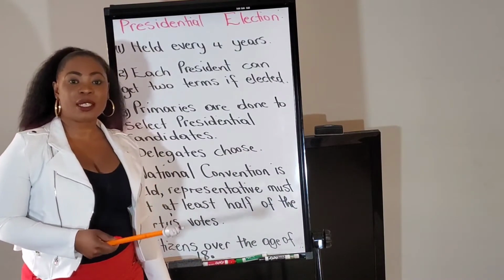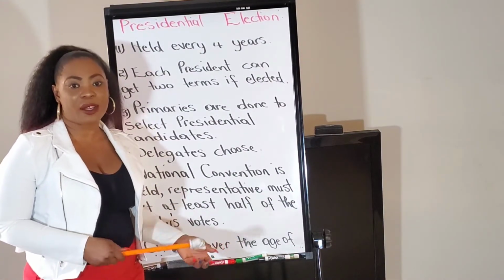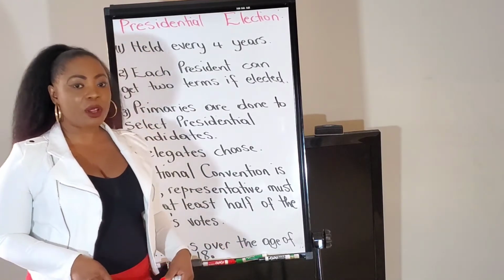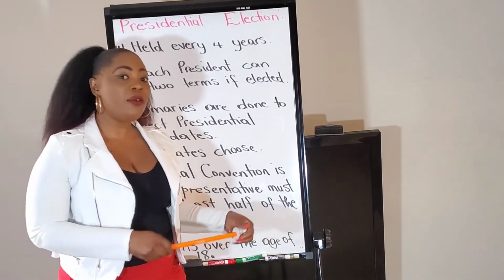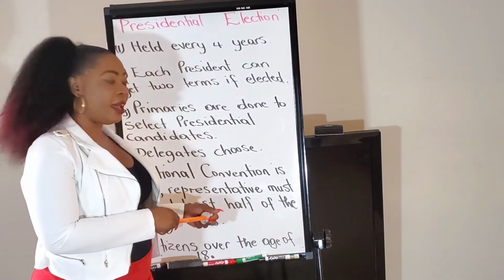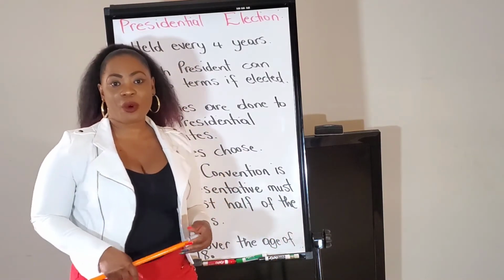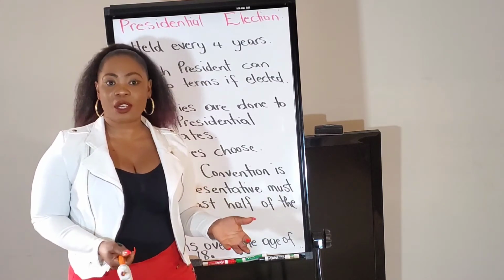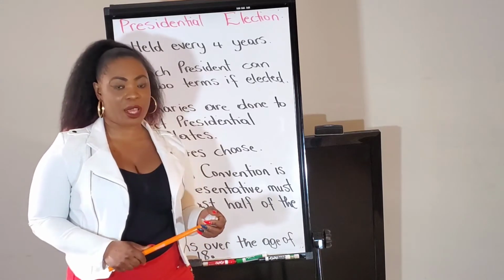So the representative that they elect must get at least half of the party's votes. Or if that does not happen, then they again select different candidates. So even if as an elector or as a delegate you voted before for a particular candidate and that candidate did not get enough votes, that candidate can choose to withdraw from the election.